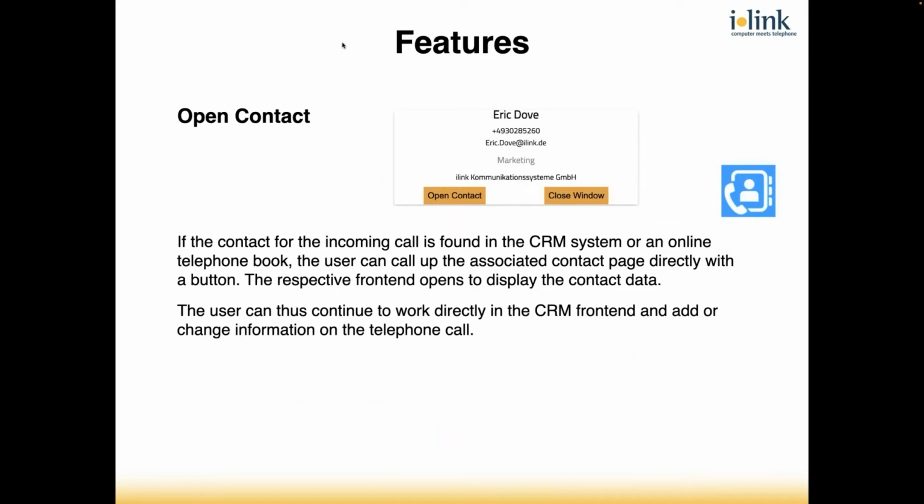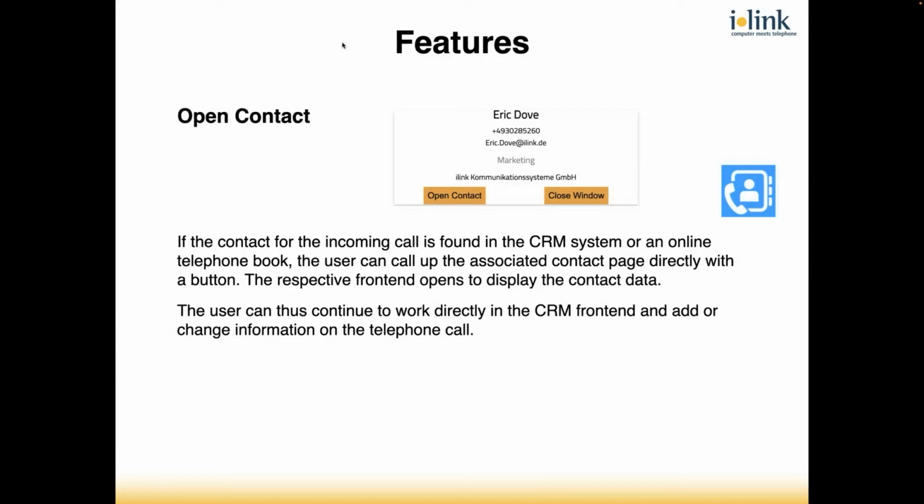Let's have a look at this open contact feature. If there's an incoming call, you see actually who is calling. So this Eric Duff is calling here, his phone number. You see the email address if stored, the company name, and possibly the department or more details about this person. This shows up in this pop-up window.